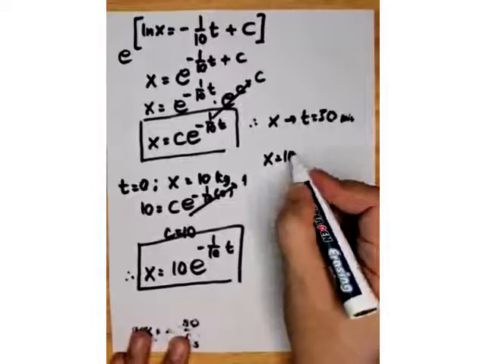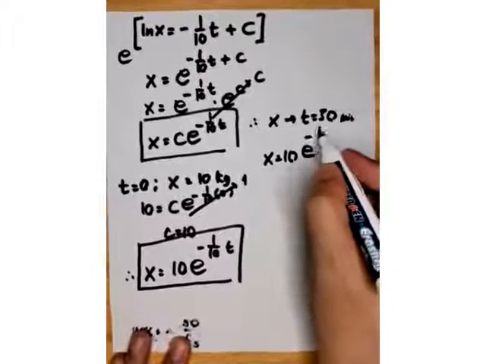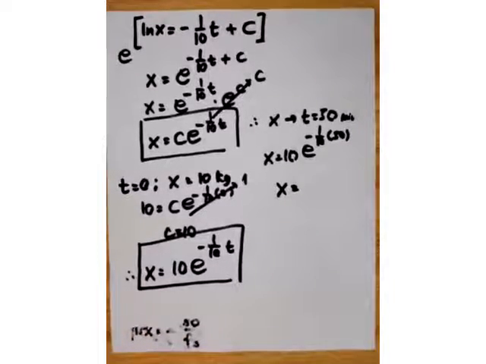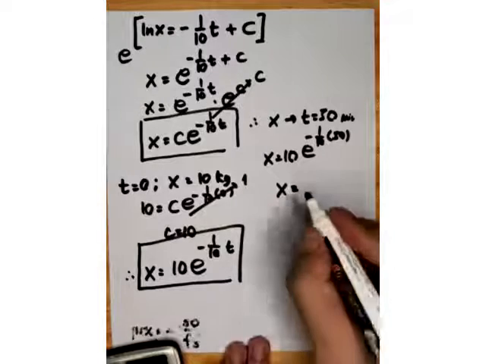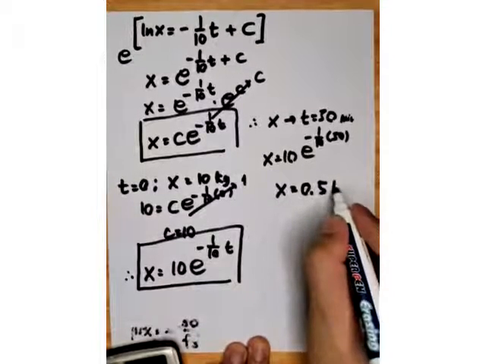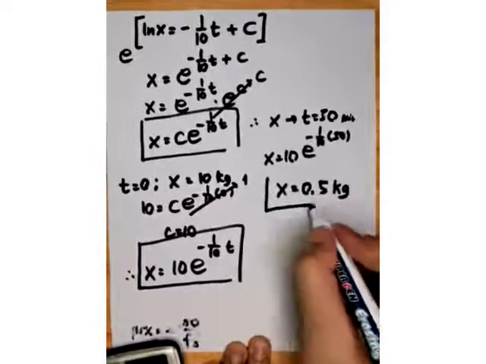So, x is equal to 10 times e raised to negative 1 over 10 times 30. So, the value of x is 0.5 kilograms.